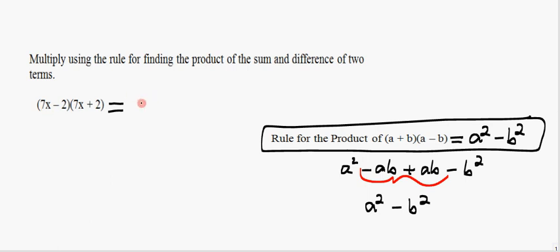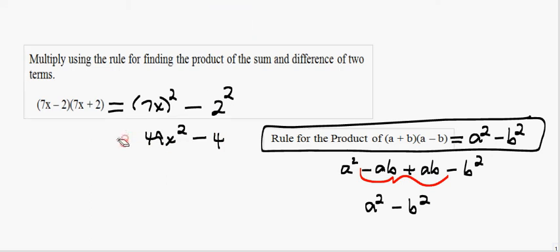What is 7x squared? And then we're going to do minus the second term squared, where the second term is 2 squared. So we would get, well, 7x squared is 49x squared minus 2 squared is 4. So that would be the answer. And that would be sweet.